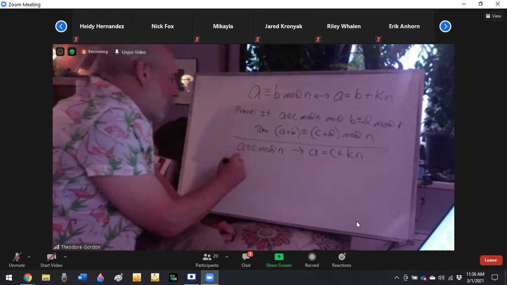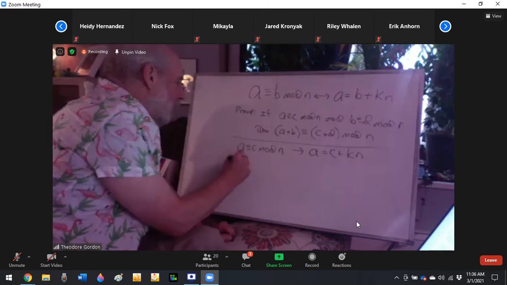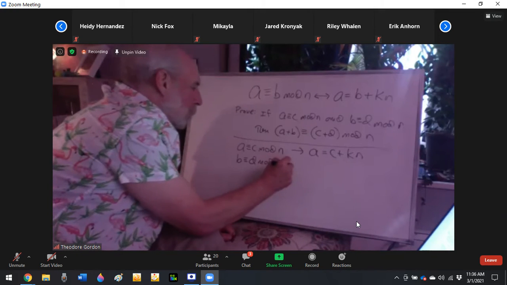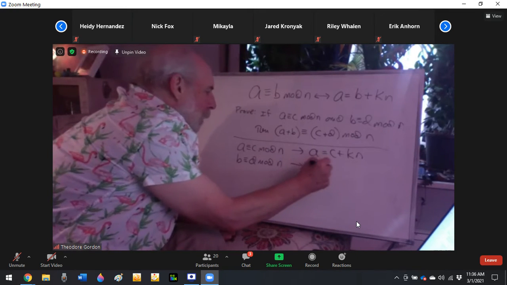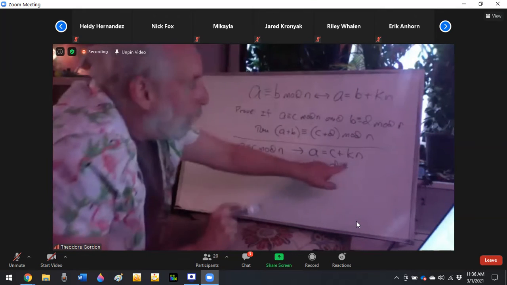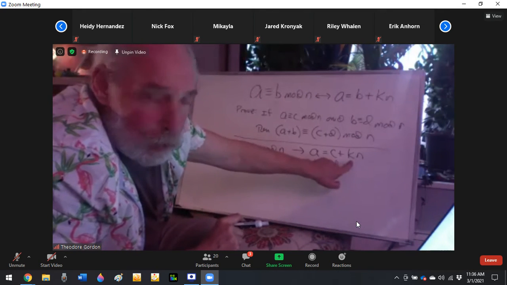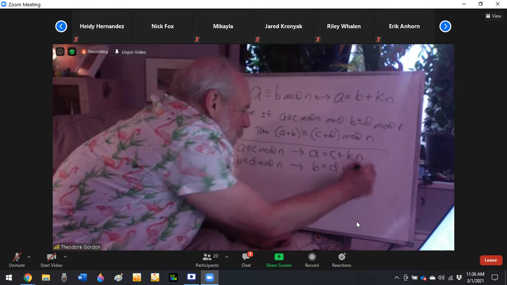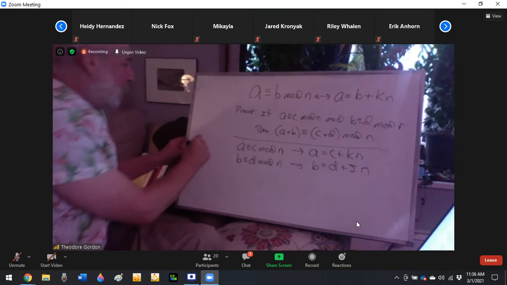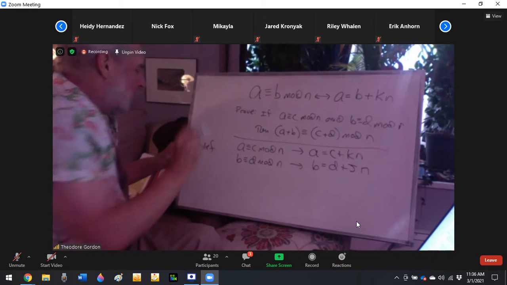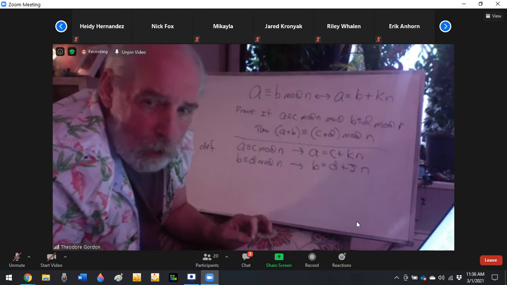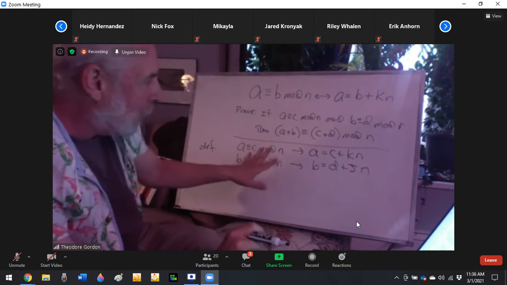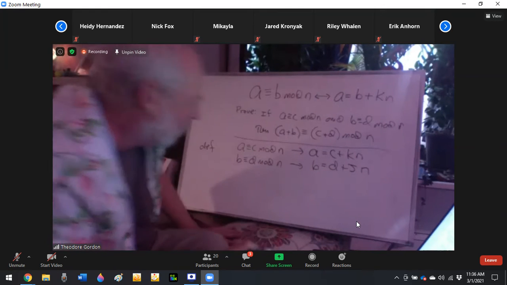We also know that B is congruent to D mod N, that means that B is equal to D plus, now I can't use K, I have to use another integer here, so I'm just going to say J. So this is the definition. Definitions are always true because they're definitions, right? So we know that's true because that's the definition of this expression.